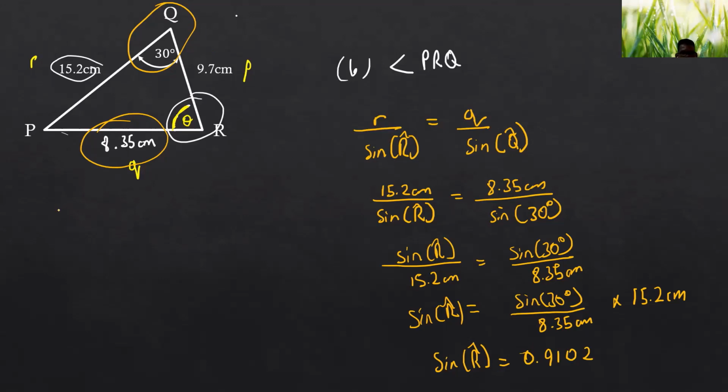Now you want to find angle R, not sine R. So let's write this as sine of angle R is equal to 0.9102. What we want to find is R, not sine of angle R. So we have to transpose our sine next. Carry over sine, it will be sine inverse of 0.9102.